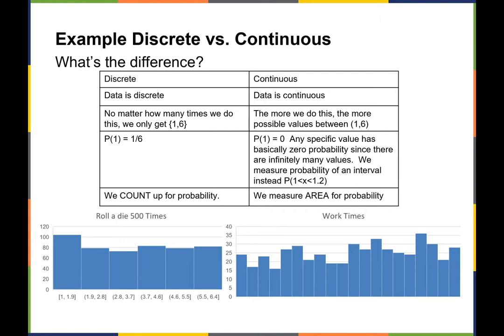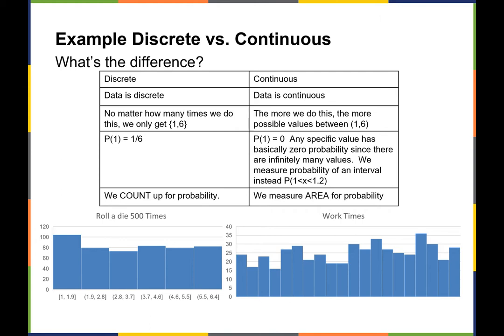For discrete functions, since this is evenly distributed, the probability of getting a 1 or a 2 is 1 in 6. For the continuous probability distribution function, the probability of any one particular value is actually going to be 0, because there are infinitely many choices of values between 1 and 6. So the probability of hitting one of those values is 0.